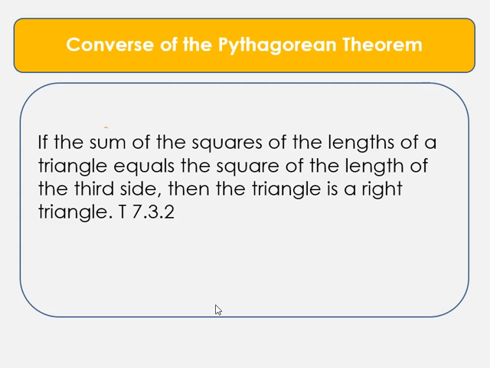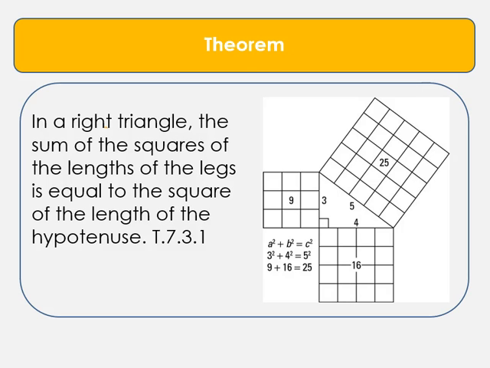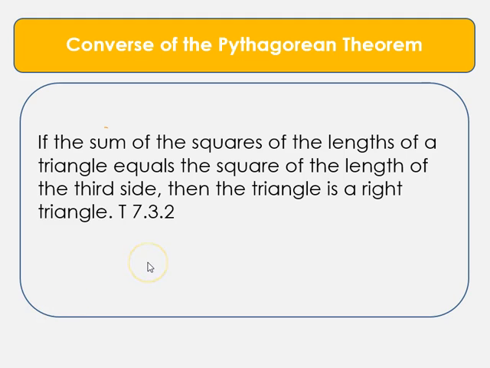So, the converse of the Pythagorean theorem. The Pythagorean theorem tells us, in a right triangle... For the converse, it talks about the triangle being right at the end of the theorem.